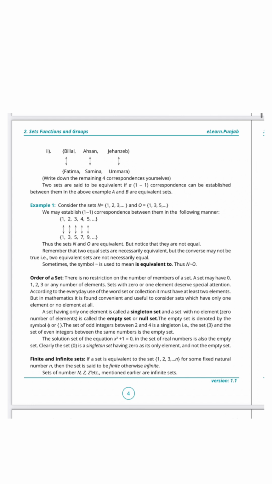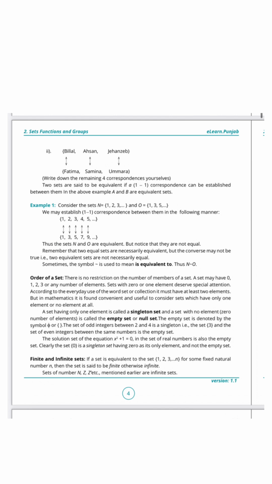Like if you have two sets, then establish the one-to-one correspondence between them, or as we have studied it, explain why they are equivalent sets, or consider if they are equivalent sets, then write their one-to-one correspondence. Then one can be paired with one, two can be paired with three. Like this is the one-to-one, right? Thus the sets N and O are equivalent.